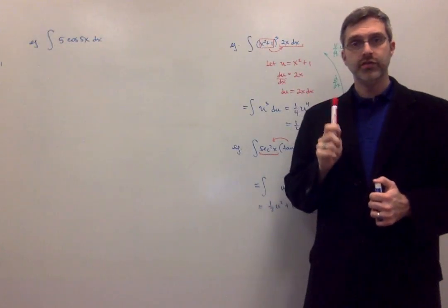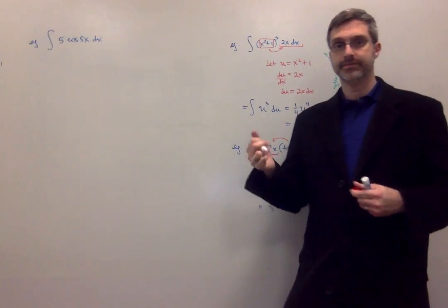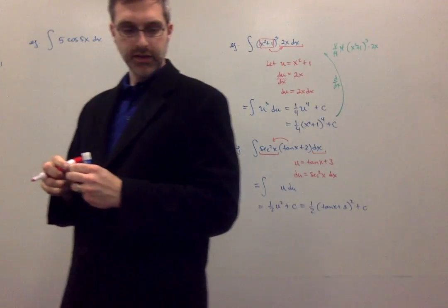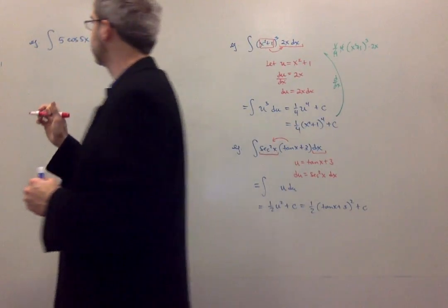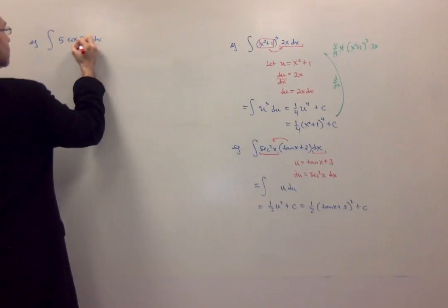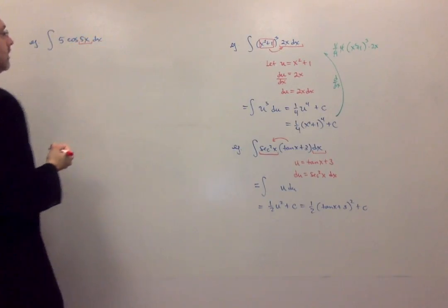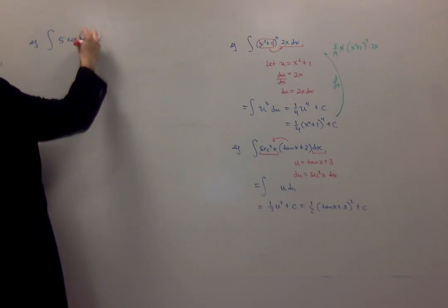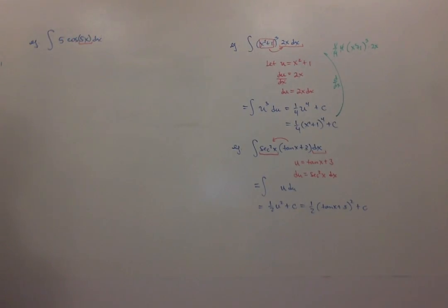Do you see a composition here? See a composition happening. Okay? Really, what's going on here when we write cosine of 5x, we mean cosine of parentheses 5x.